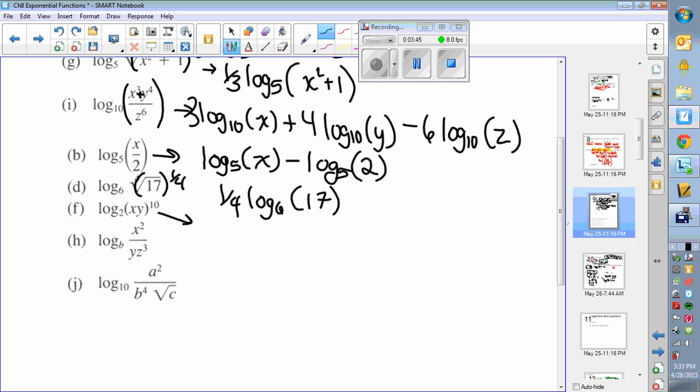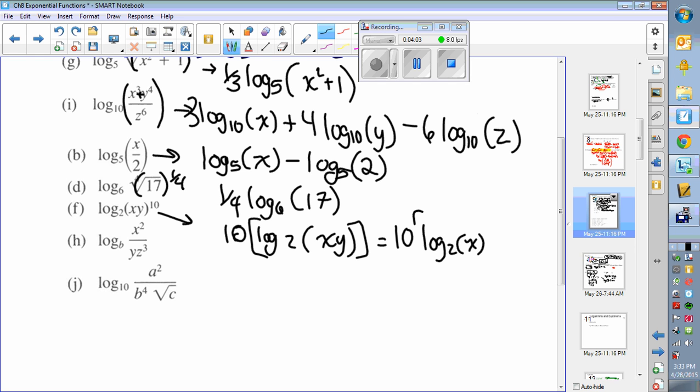Here you have a power first, so you would put 10 log to base 2 of xy. And then this you want to change, so I would write it as 10 log to base 2 of x plus log to base 2 of y.